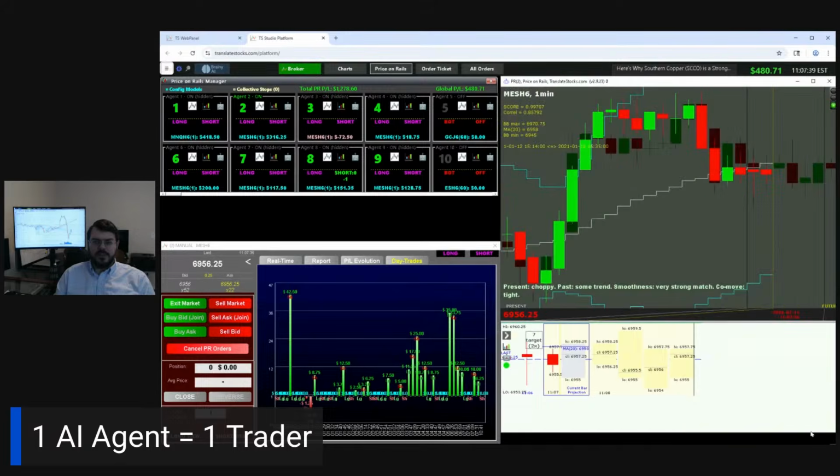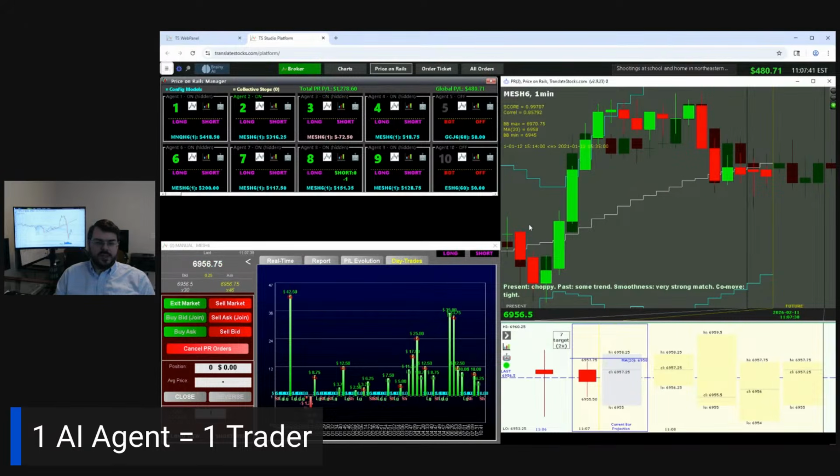Let me resize this. Right now, the agent is on. We have this green dot here showing that it's on. Okay, so it's searching for trades. And I will explain. I'm not trading. I'm not clicking the buttons here to trade.